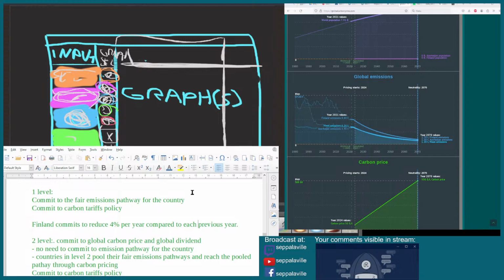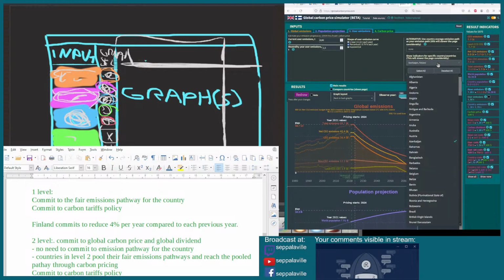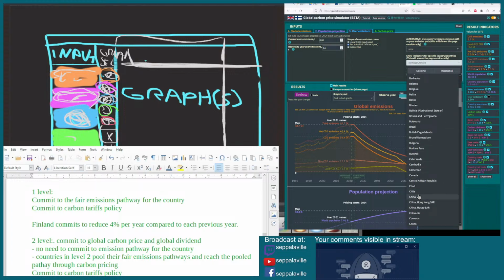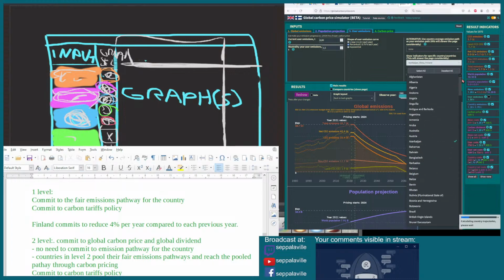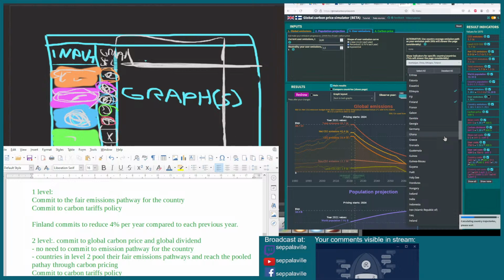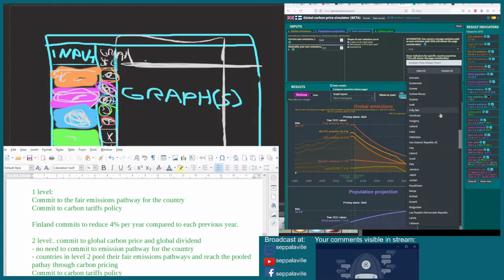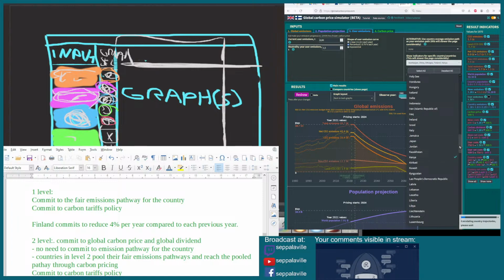And I think I should draw many. If I, let's have here like China. Let's have Ethiopia. Let's have some poor countries. I think we want to have very... Okay, there's Kenya.